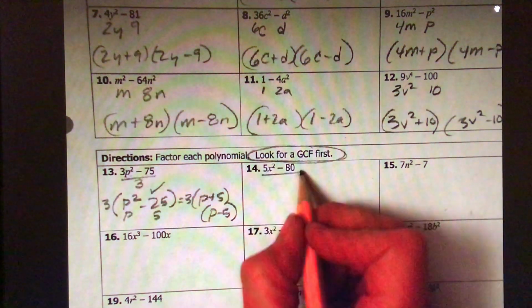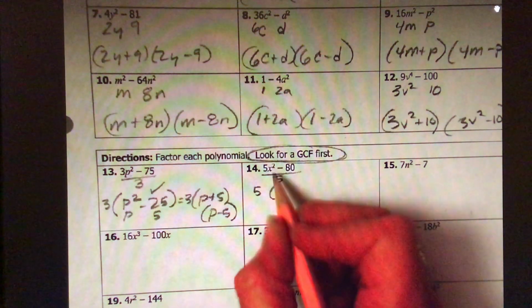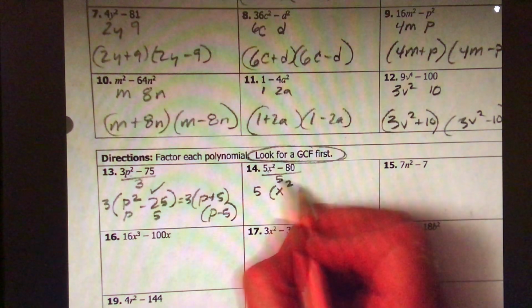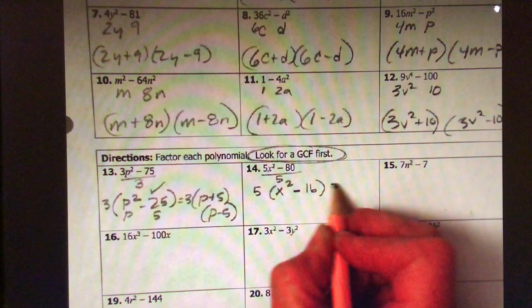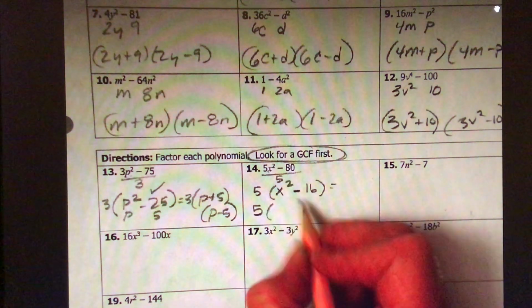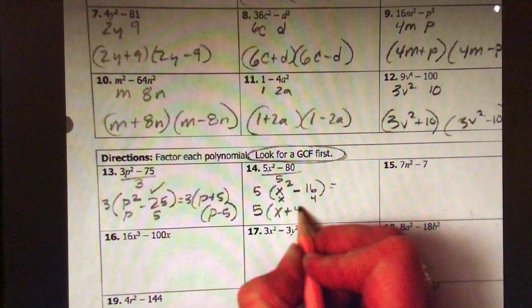Okay. I'm going to pull out my 5. So 5, x squared, and left over, 80 divided by 5 is 16. Now, I think this is better. I haven't boxed any of my terms, shame on me. I've got x, I've got 4, so I've got x plus 4, x minus 4.